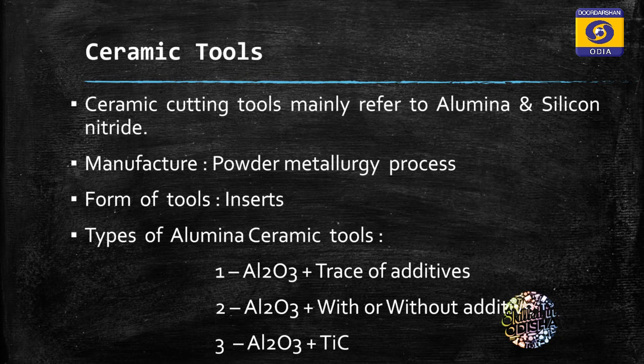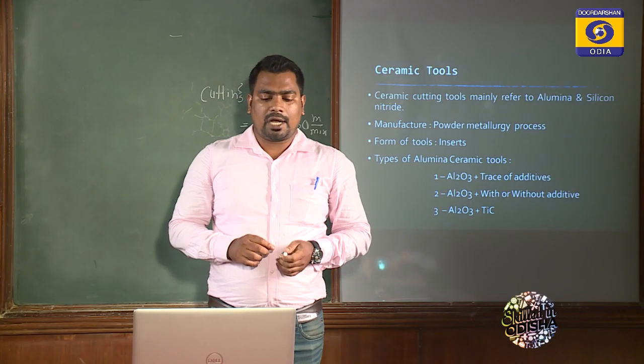Aluminum ceramic tools are available in three types. One is aluminum oxide with trace of additives. Second is aluminum oxide with or without additive. Third is aluminum oxide with some amount of titanium carbide.